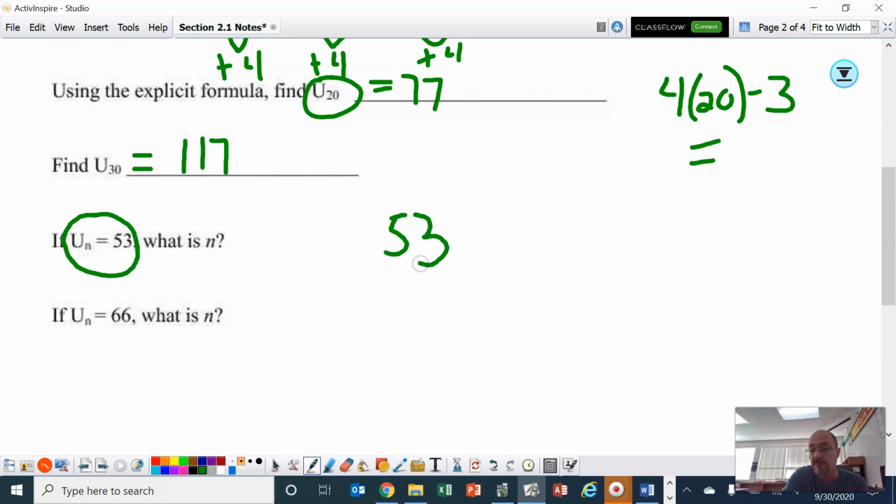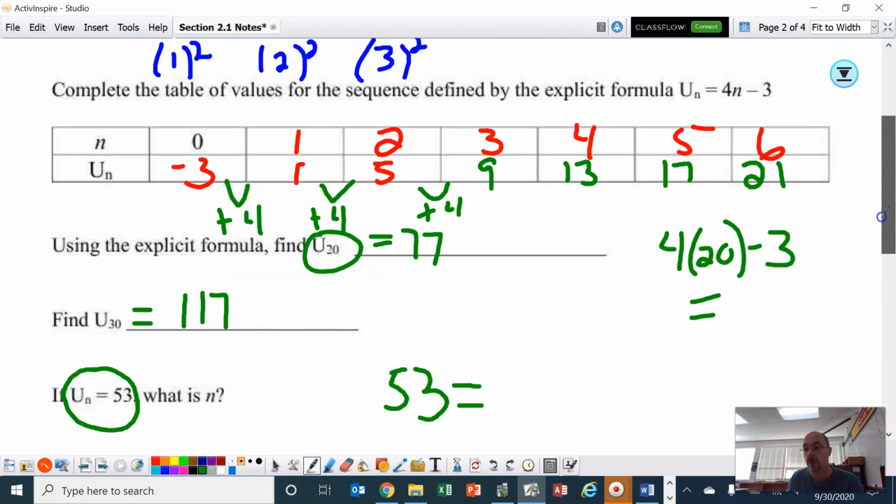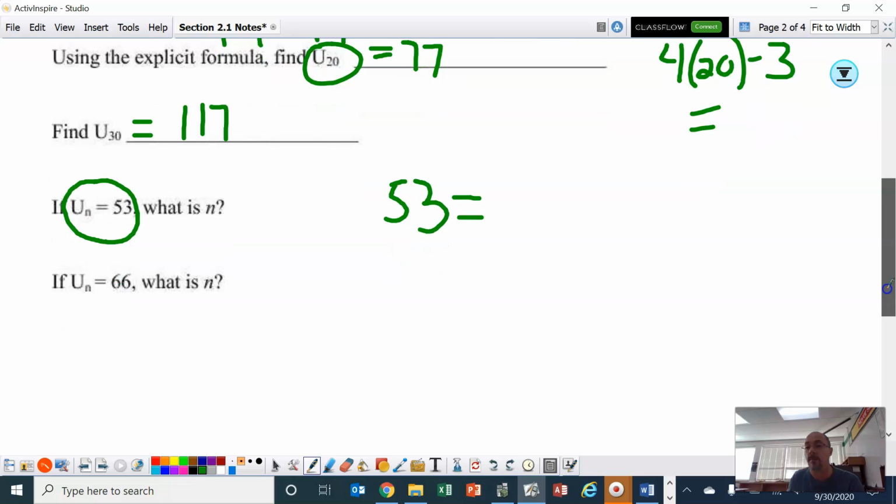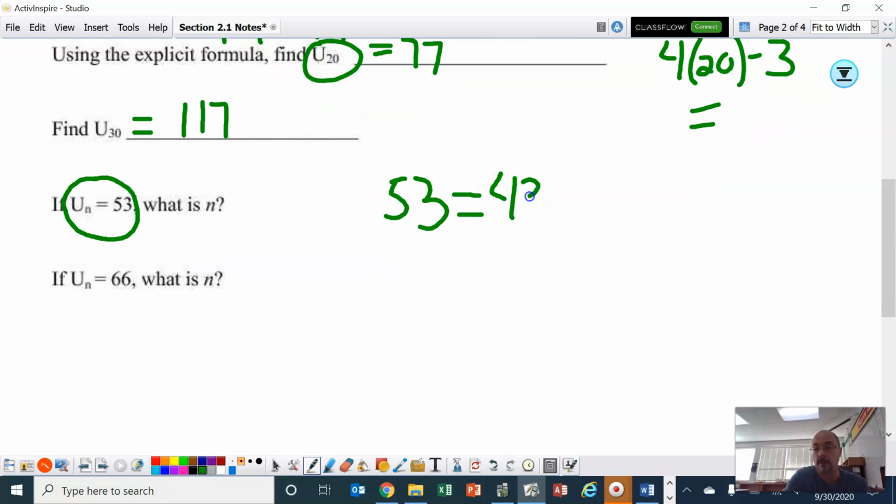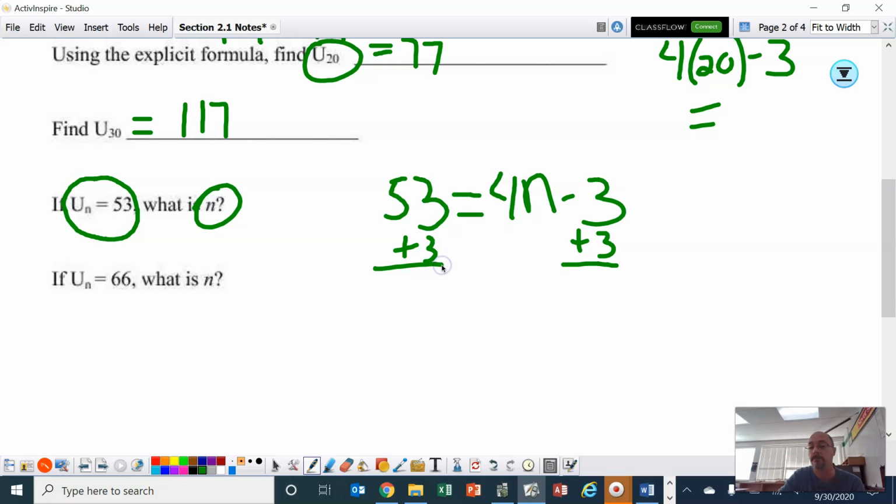So I take the 53 and I set it equal to the 4n minus 3. Whoops, hold on here. Little mistake there. I don't want a 3 there. 4n minus 3, because I want to know what n is. Look, it's asking, what is n? All right. So, little algebra. We're going to add 3 to both sides, right?